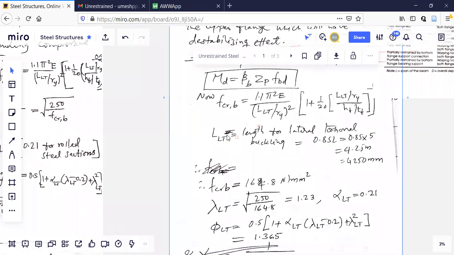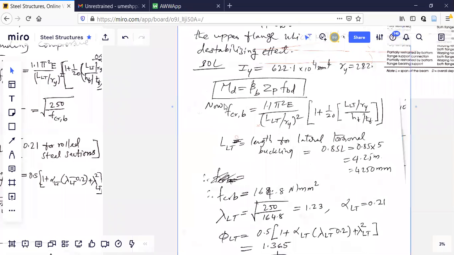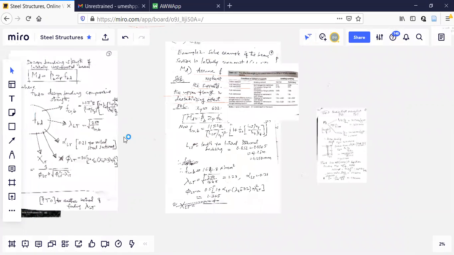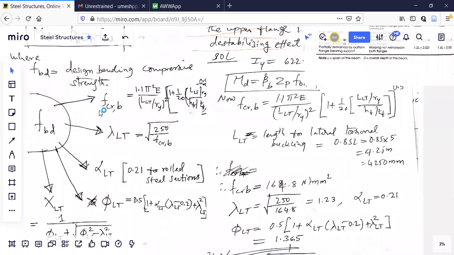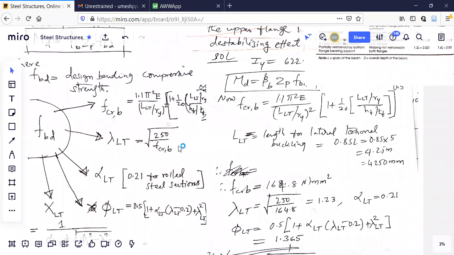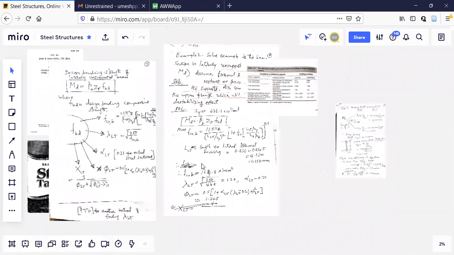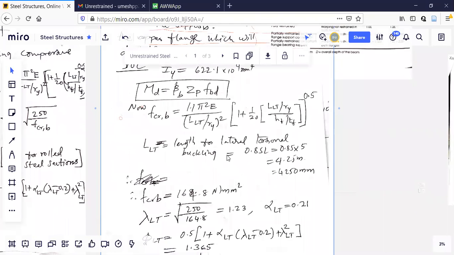First, I am going to calculate f_cr,b. Why? Because I have given that I should go with f_cr,b first. Because all these expressions are there in the code book. You should know the sequence, in what sequence I should use these expressions and get to the answer here.